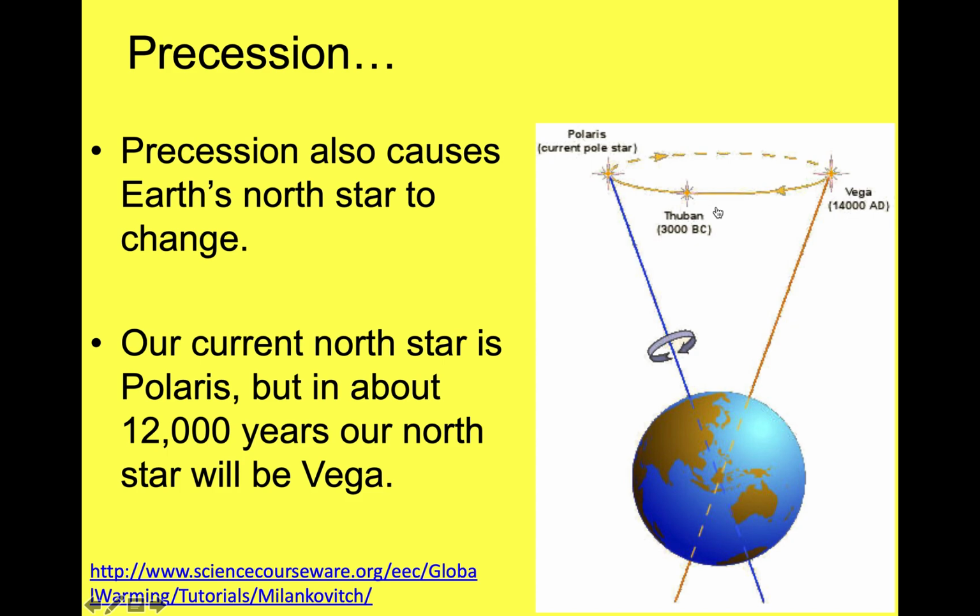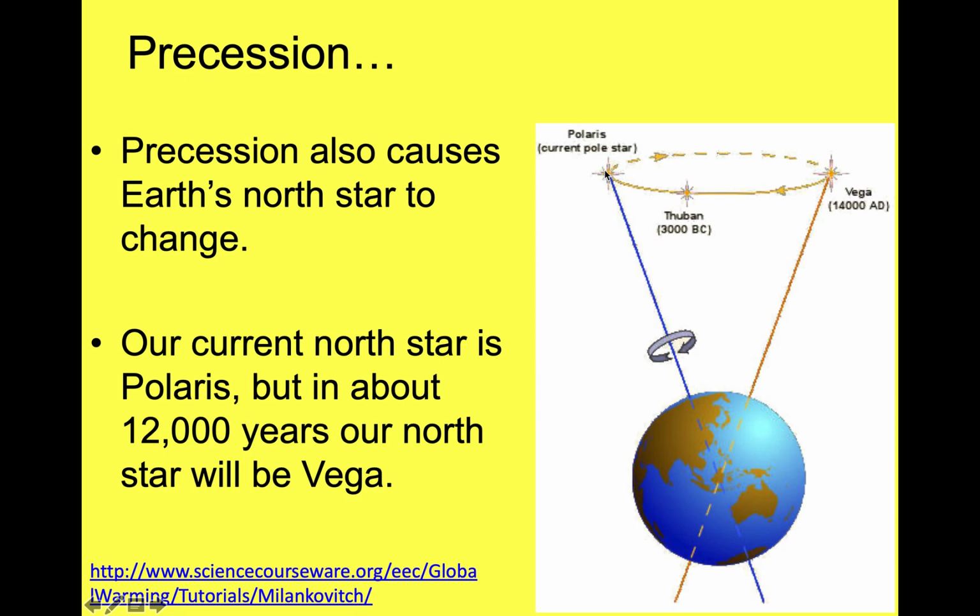The North Star is the star that the North Pole points at. As the precessional cycle goes on, the North Star changes, and you can see that here in the drawing. Currently, our North Star is this star called Polaris.